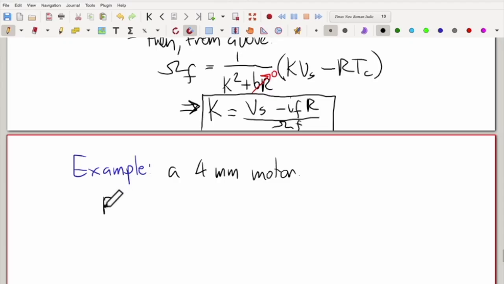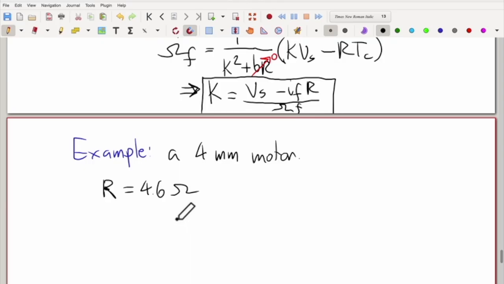Measuring the resistance across the terminals using an ohm meter, we got 4.6 ohms. Measuring the current when the motor was spinning freely at 4 volts, we got 63 milliamps.